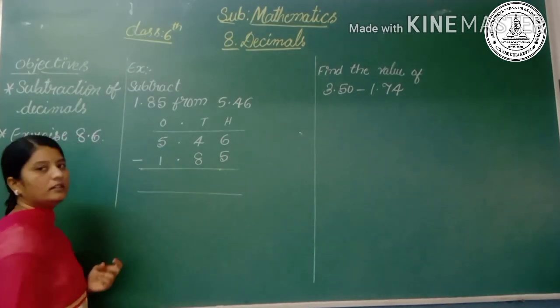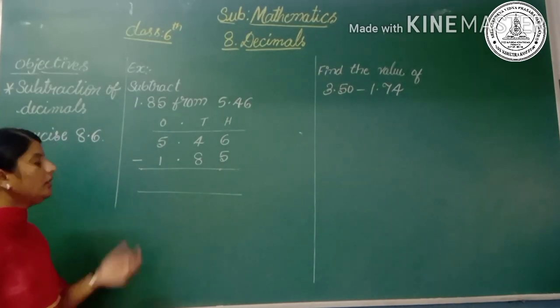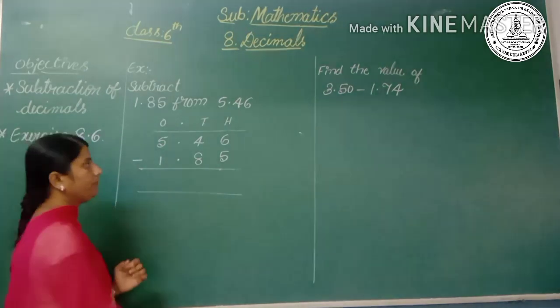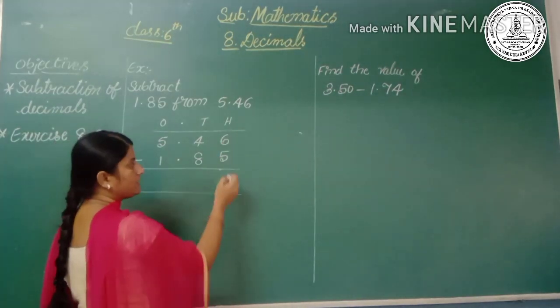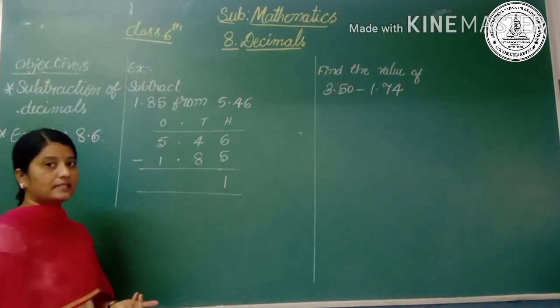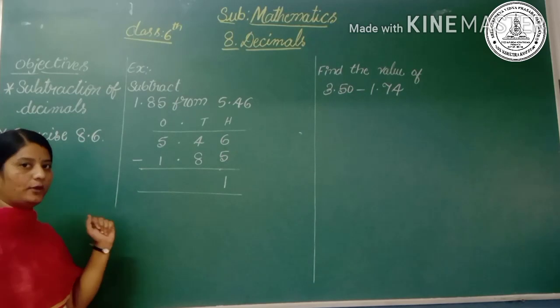Then subtract here, 6 minus 5. We know how to do the subtraction. In the same way we have to subtract the decimal numbers. 6 minus 5 is 1. 4 minus 8 we cannot subtract, so we have to borrow from the higher place value, right?